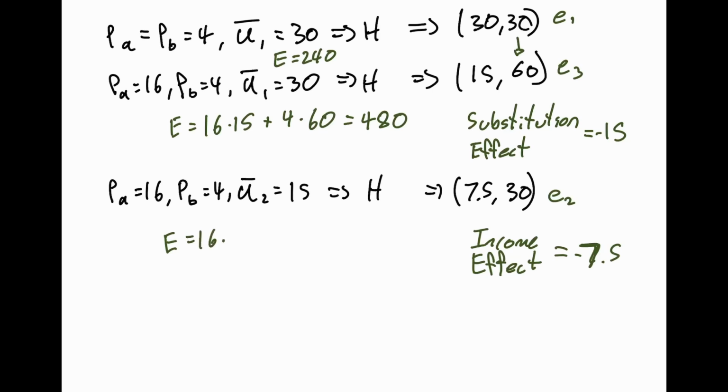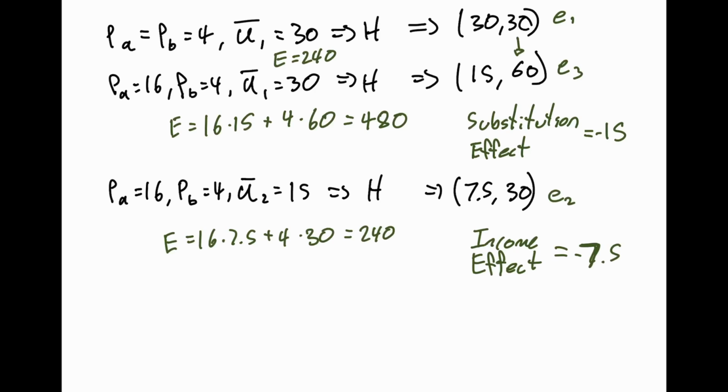So we have 16 times 7.5 plus 4 times 30. And we plug this into a calculator. And that gives us 240. Okay. As we would expect.